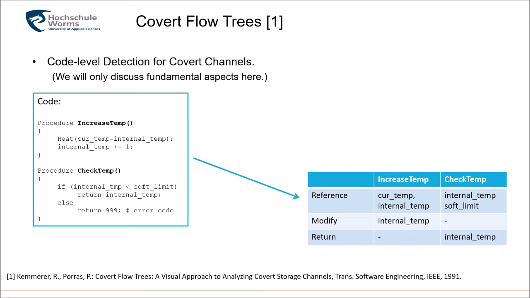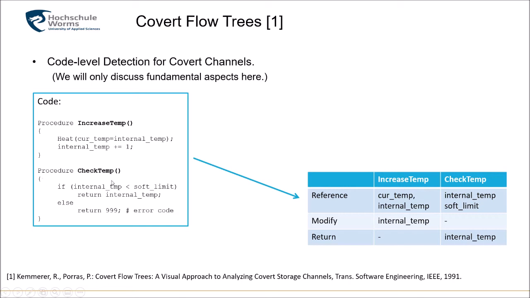In the original paper you find much more information about this, but this is about the core concept of the authors. So let us assume we have the following code. We have here one procedure, increase temperature, that heats something, takes some current temperature value, and then increments the internal temperature. Let's say it heats until 1 more degree is reached, and then the internal temperature is set to incremented by 1.